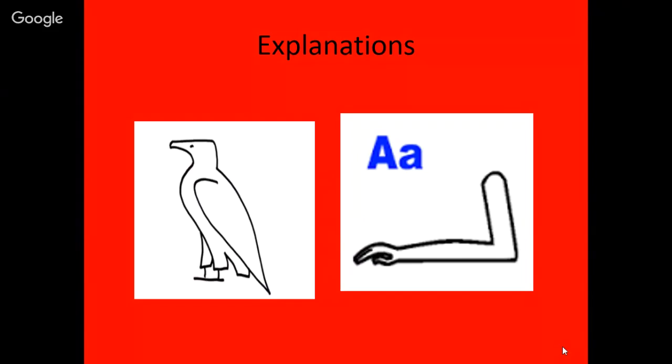All right, I call this in my own notes explanations. What are we looking at, brothers and sisters? On the left-hand side is the image of the vulture, that in Egyptian hieroglyphics represents the letter A. And what you're looking at on the other side is the arm.